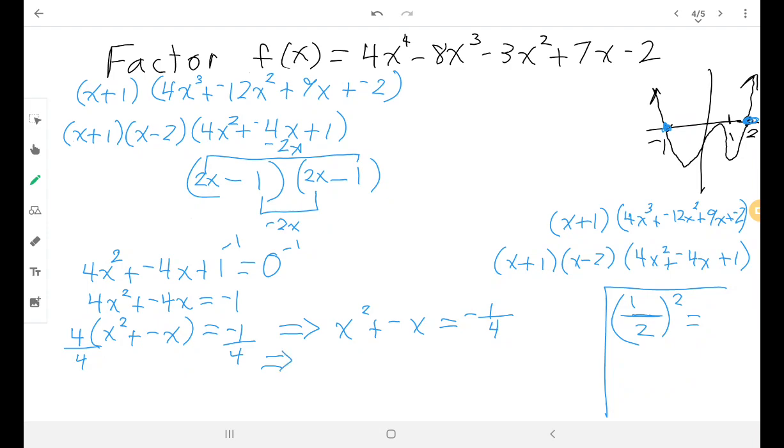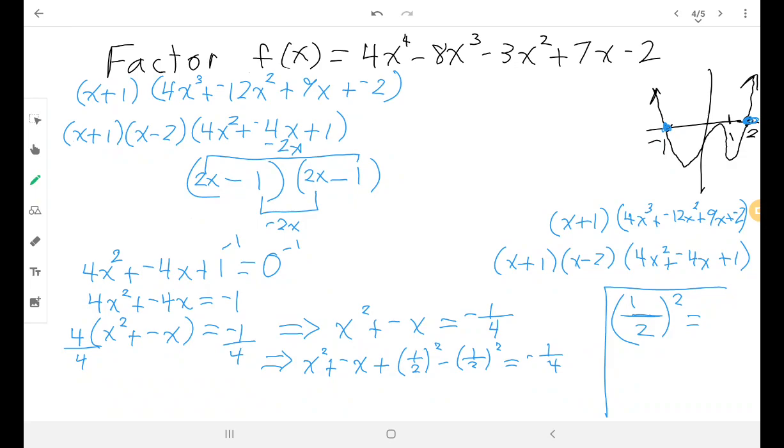So then I'll have x squared plus negative x plus 1/2 squared minus 1/2 squared equals negative 1/4.